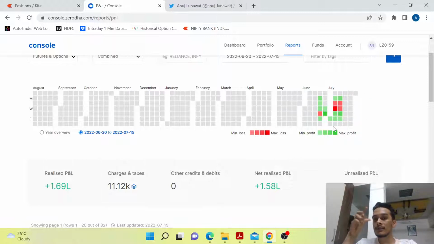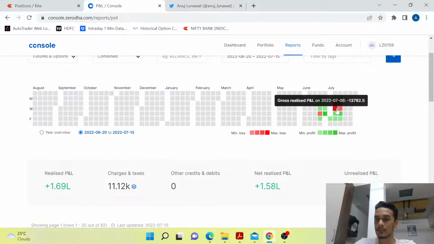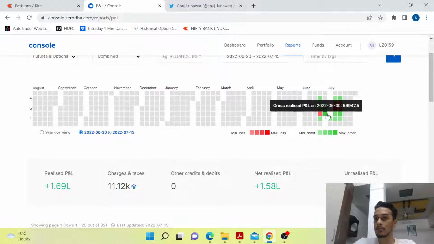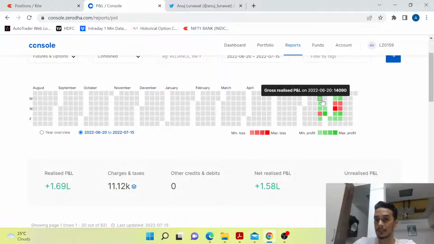The risk reward factor is very important. The average losses I take are hardly 3, 4, 5,000, and this was the one wherein I lost around 7 points, which is very much acceptable compared to what I earn. When things go in my favor, I earn at least double of what I'm losing.